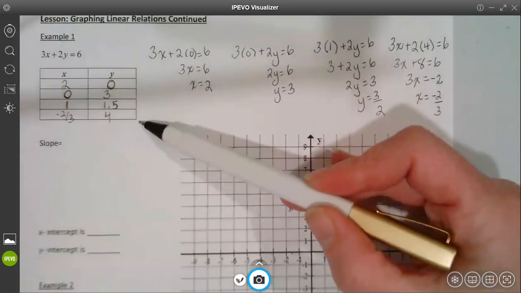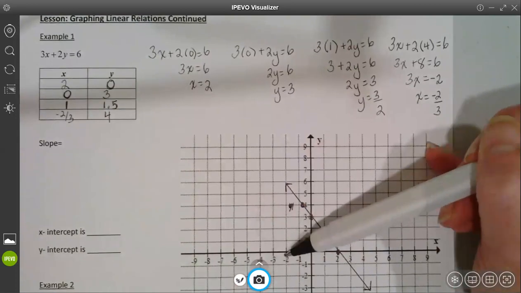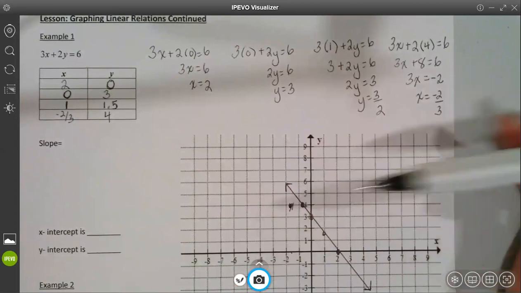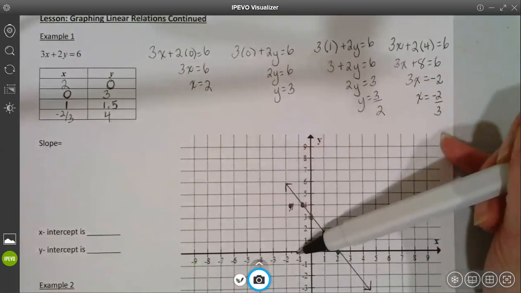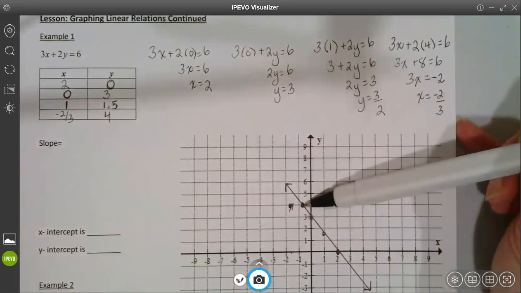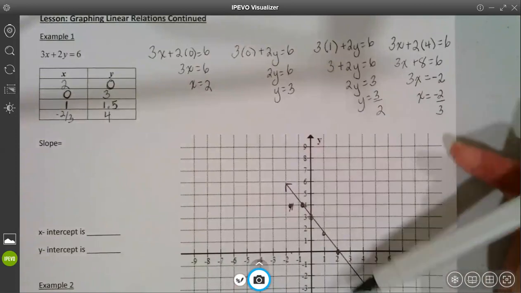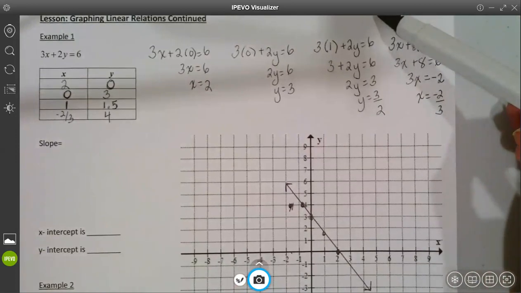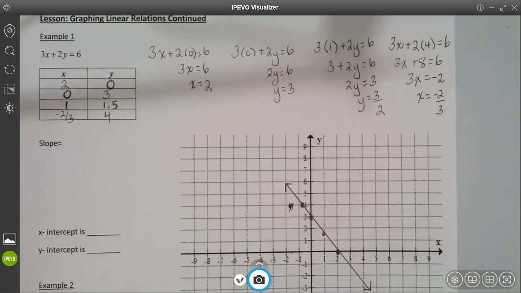One, you could have plotted incorrectly, which I did. I was actually plotting between -1 and -2, which was -1.66, when in fact I really needed between 0 and -1. So now I've got my point in the right spot. So as mentioned, the mistake can be in your plotting or it can be back in your calculations. But what we want to do is we want to make sure all these points line up.